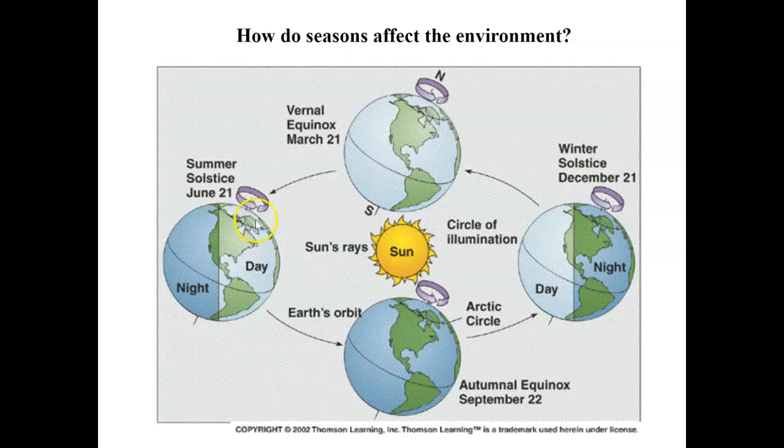And then as you get to the poles, they are much more extreme, where the poles are hit at an extreme angle all year long. And so because of this, they typically experience 2 seasons only, a very cold season, a winter, and then a summer.